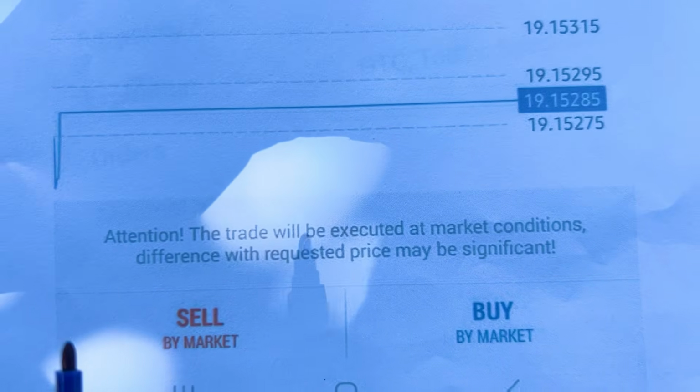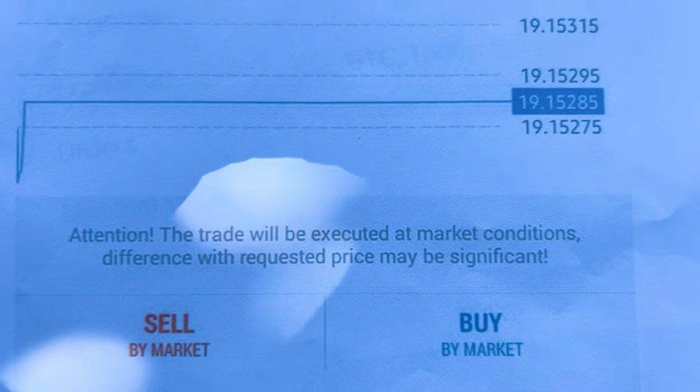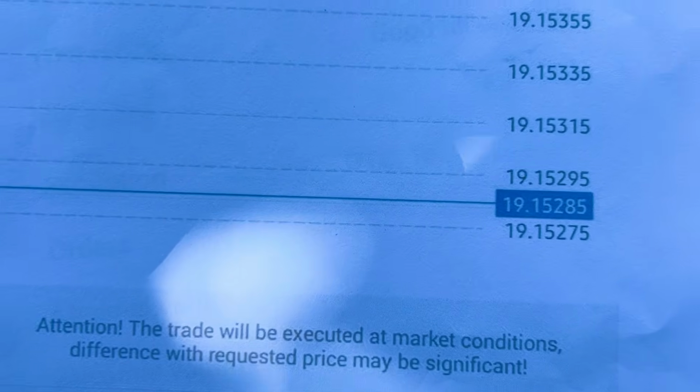That simply means that if you press sell, the order is going to be a sell, and it's going to be filled at that current price that is moving, the price that we can use for sell. Now, if we press buy by market, that simply means that we're going to be buying at that current price that is actually moving.